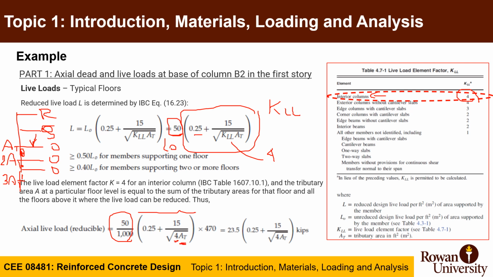AT is the tributary area, which is different for each column based on how many reduced office floors you carry, and the tributary area of the column converts from psf to pounds or kips.